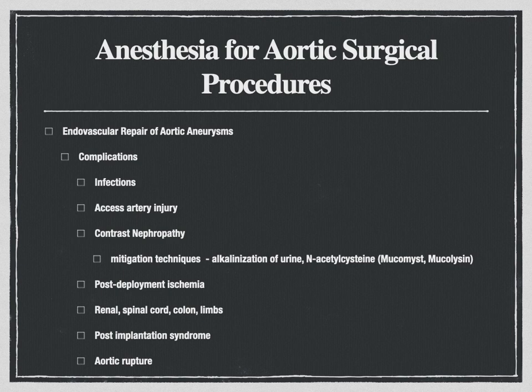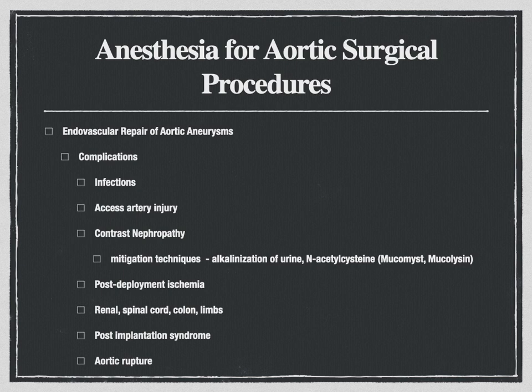Even though these are the standard these days, they are not without their own risks and complications. You have risks of infection, access artery injury. You can have contrast nephropathy. There are things you can do to mitigate the nephropathy, like alkalinization of the urine with N-acetylcysteine or Mucomyst.